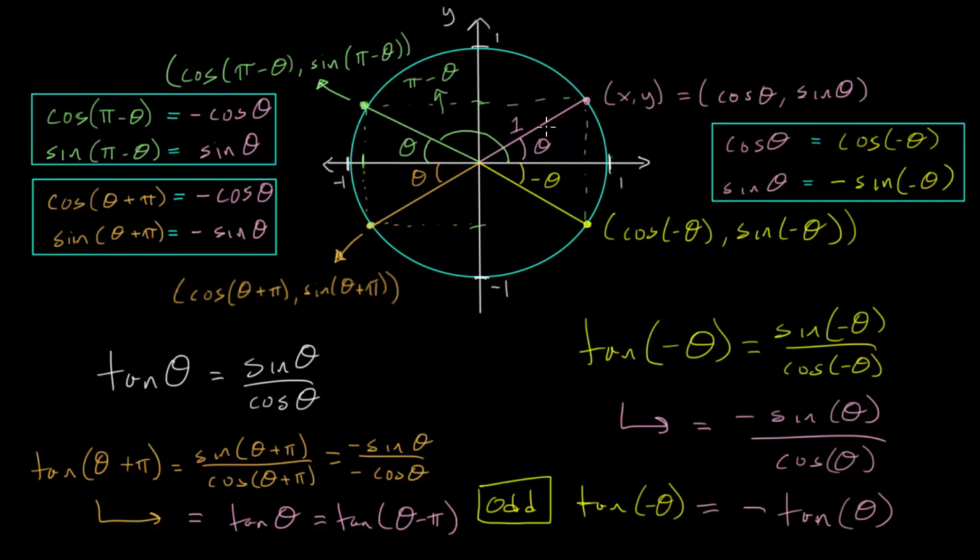We can take our angle theta and add pi to that, or we can take our angle theta and subtract pi. In both cases, we go 180 degrees around the unit circle and we end up back at this point. So the other way to describe this point is that this is really theta minus pi. And that would be true for the sine and the cosine as well.